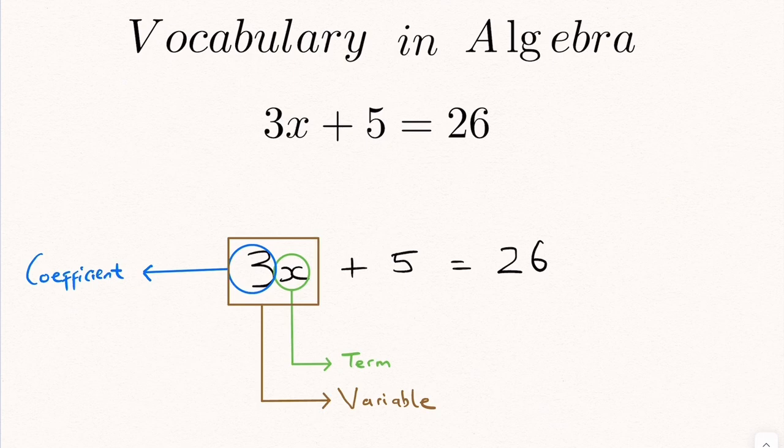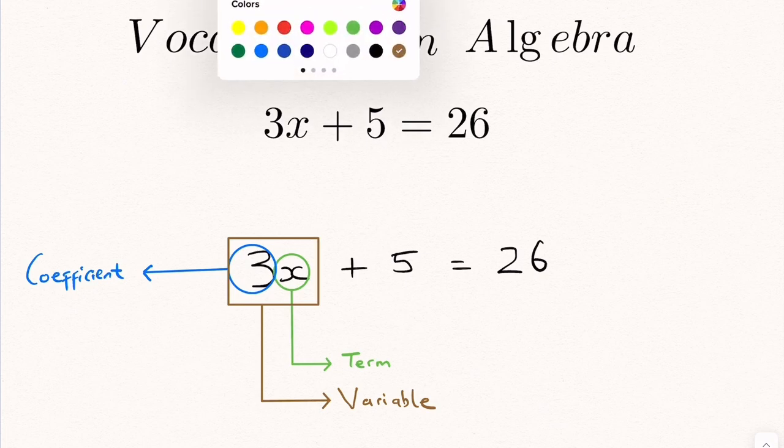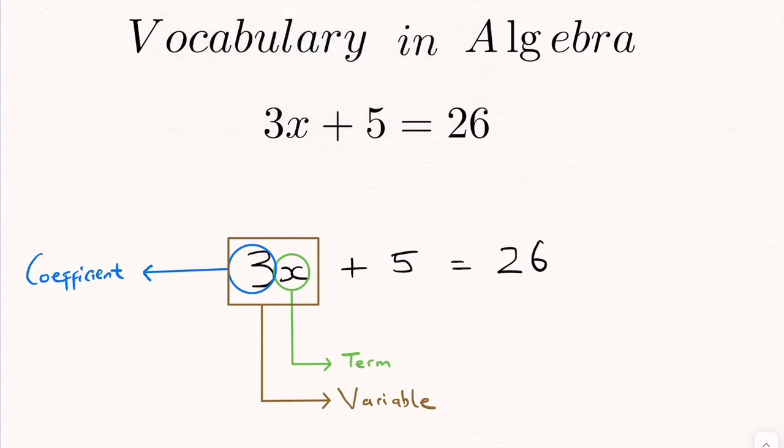We all know this plus is just a sign, a positive sign before the 5. Now this 5 is a constant, and a constant is an item that remains the same in an algebraic equation. I'm going to be choosing pink for this.